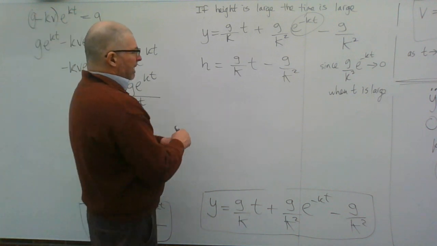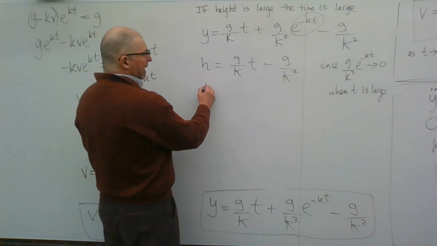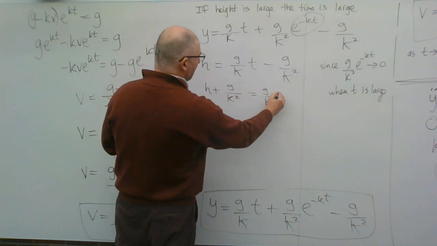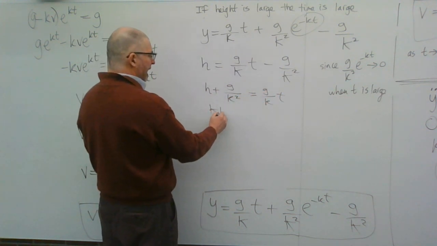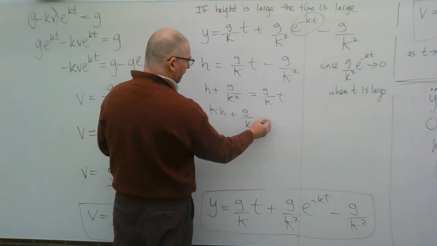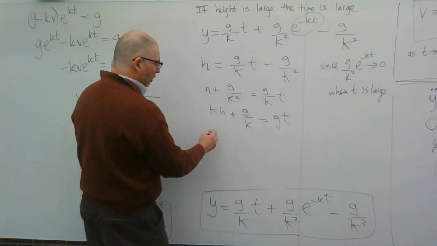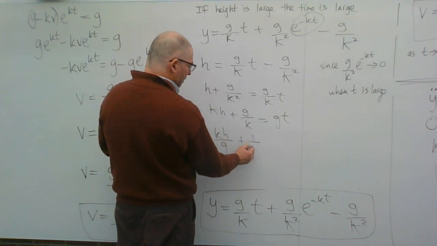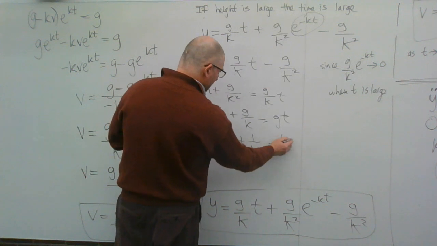Which means if we rearrange this for t, h plus g on k squared equals g on k t. So kh plus g on k equals gt, divided by g: kh on g plus 1 on k equals t.